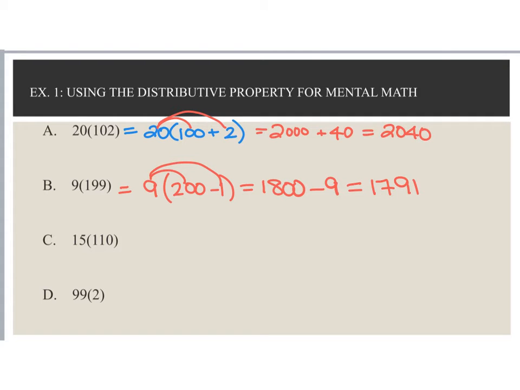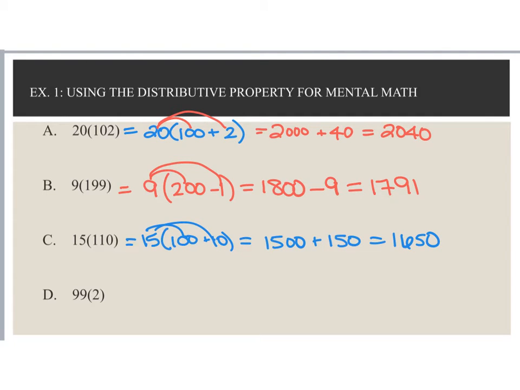Likewise, for the next part, I have 15 times 110. So I could really make this 15 times 100 plus 10. So in my head, 15 times 100 is going to be 1,500. 15 times 10 will give me 150. So I can see that this here will give me 1,650.